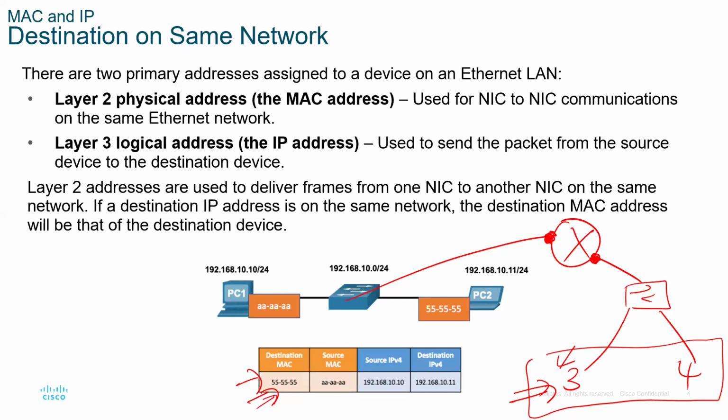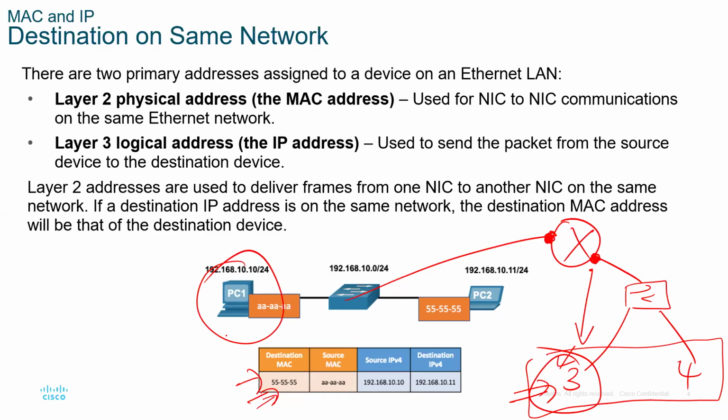Where ARP comes in is usually from this point to communicate with this, because what we only know of remote networks is the layer 3 IP addresses. So what we only know of PC3 from PC1, most of the times, unless it has already been resolved, is the IP address.